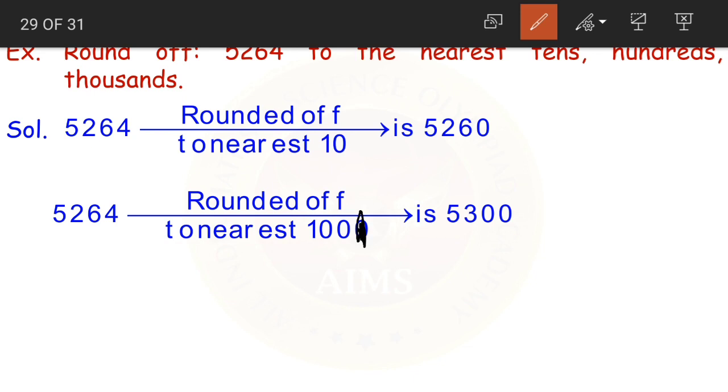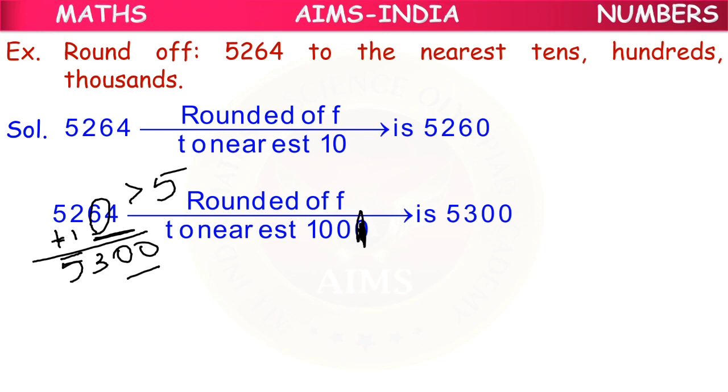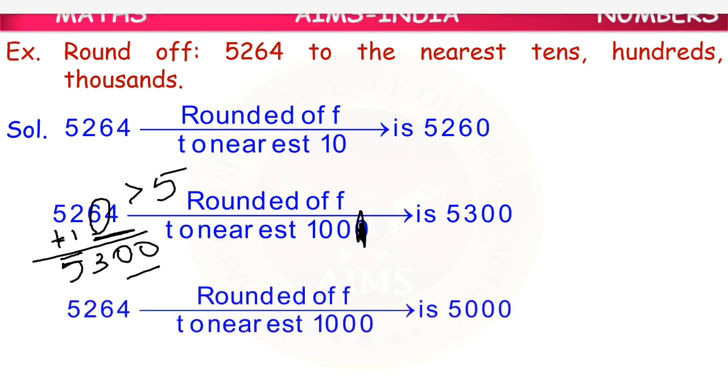Now 5,264 rounded off to the nearest hundreds. Spelling mistake here, nearest 100. We look at 6, which is in tens place. It is greater than 5, so we add 1 to the digit in hundreds place. 52 plus 1 becomes 53, and replace these two digits by zeros. So 5264 rounded off to nearest 100 becomes 5300.